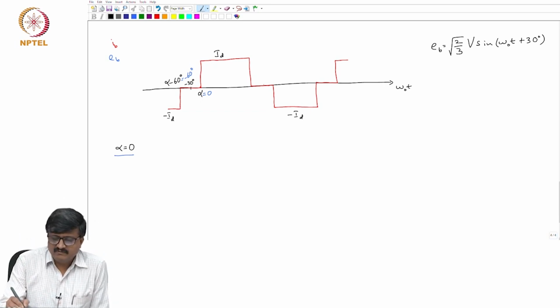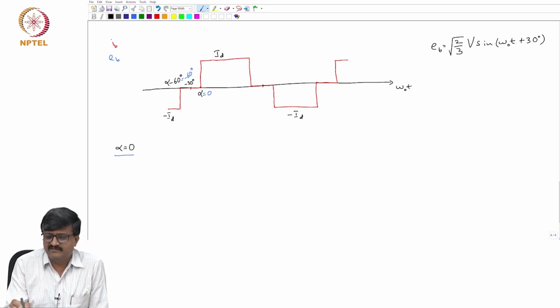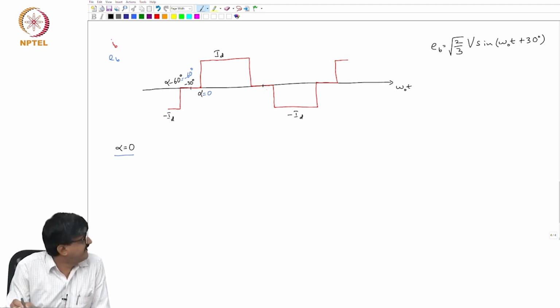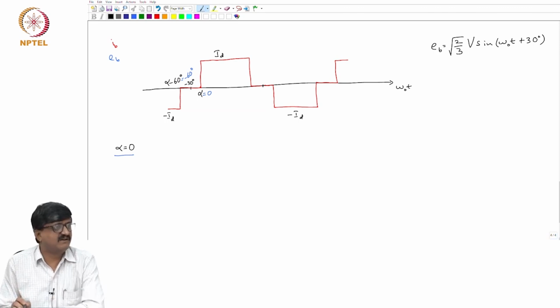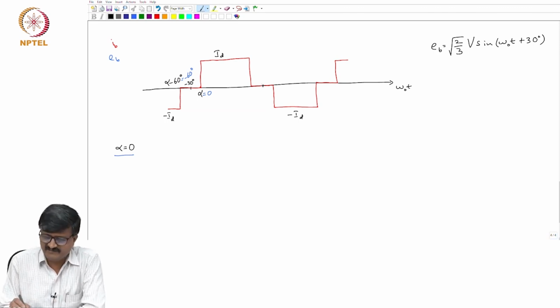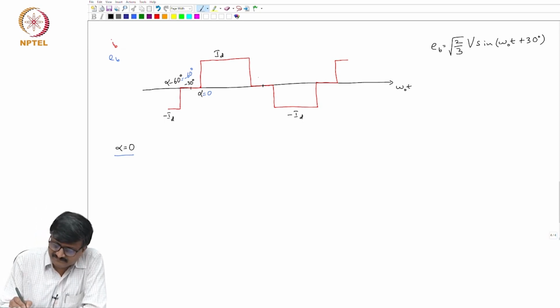So, suppose I take this duration of 60 degree interval, and if I take the midpoint of that, what is the midpoint of this 60 degree interval? What is the value of omega OT at this instant? 150.